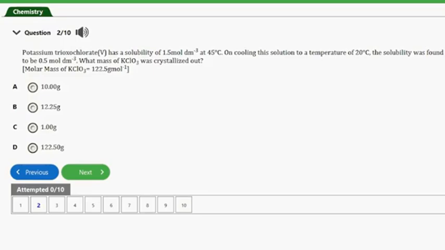It says potassium trioxochlorate(V) has a solubility of 1.5 moles per dm cube at 45 degrees Celsius. On cooling this solution to a temperature of 20 degrees Celsius, the solubility was found to be 0.5 moles per dm cube. What mass of potassium trioxochlorate(V) was crystallized out?